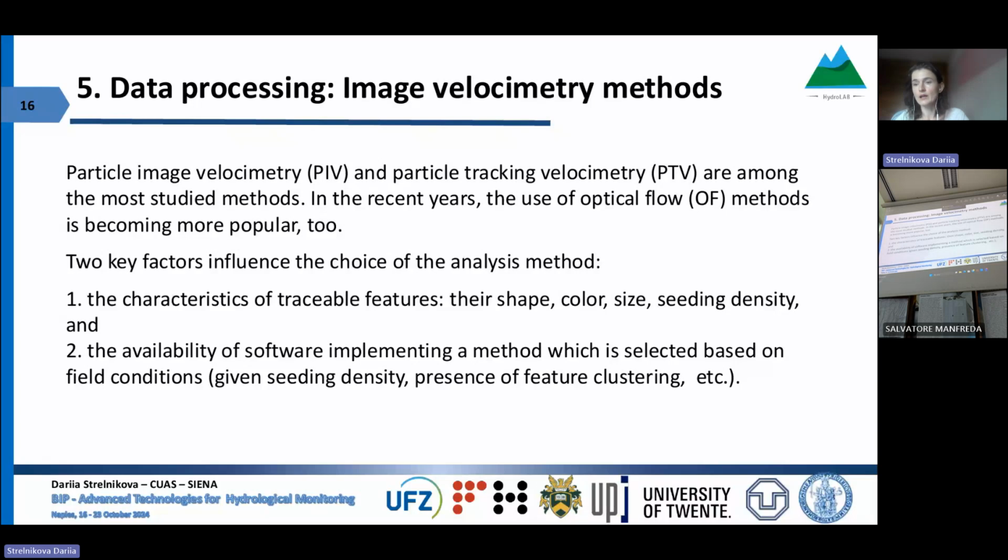And when we want to select a method, we have to first see what the characteristics of the traceable features are, what is the shape of them, because not for every shape would every method work perfectly. What is the color, size, how many tracers do we have? Are they clustering? Are they dense?